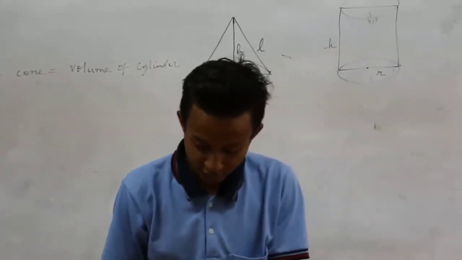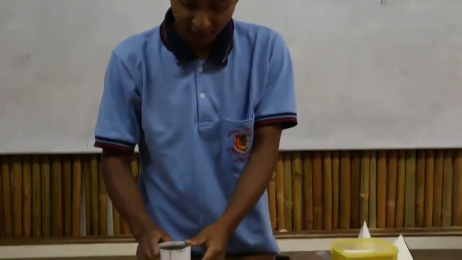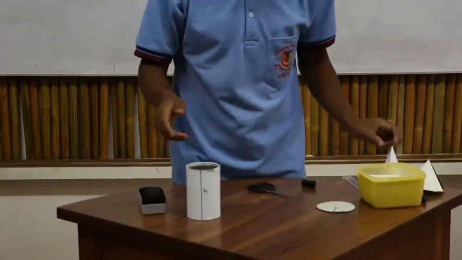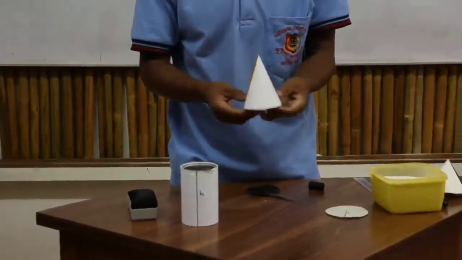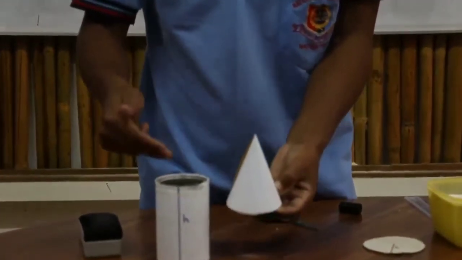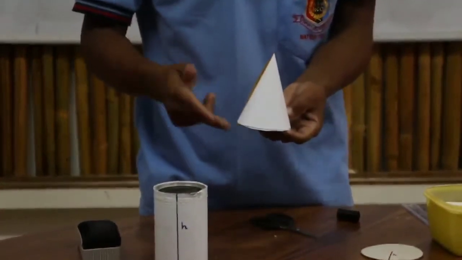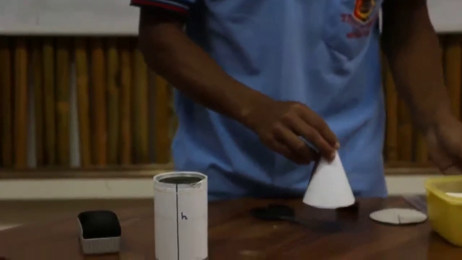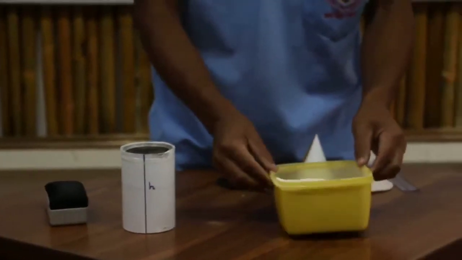So here I have a cylinder of height h and radius r. Also, I will take this cone of the same height and the same radius as the cylinder, right? And also with me I have some powder here.